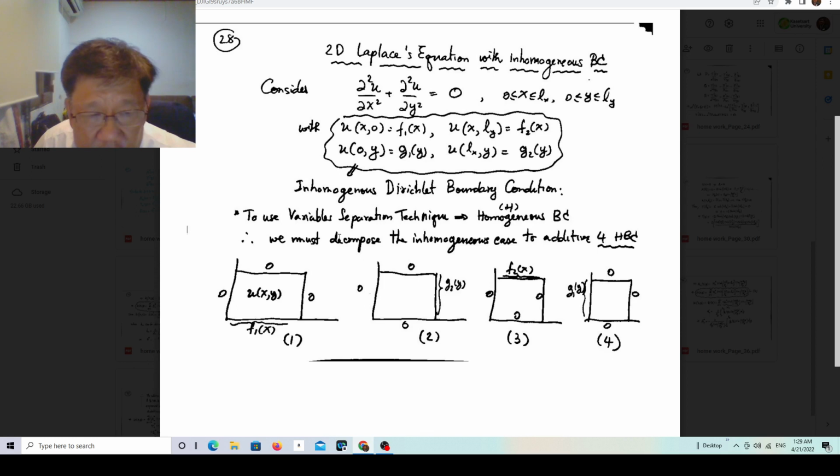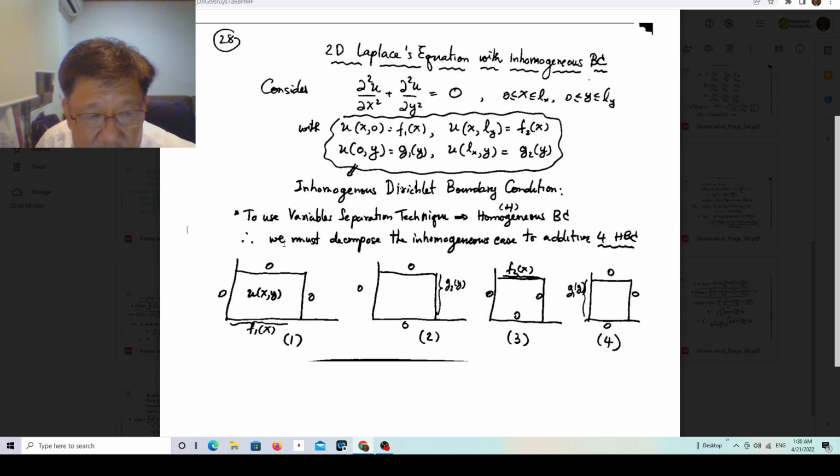And the technique that we analyzed so far is what we call the homogeneous boundary condition. To be able to use the technique, the Fourier method or variable separation, we must make sure that we can decompose this inhomogeneous equation as a superposition of these four conditions, and each of these four conditions is the homogeneous case.